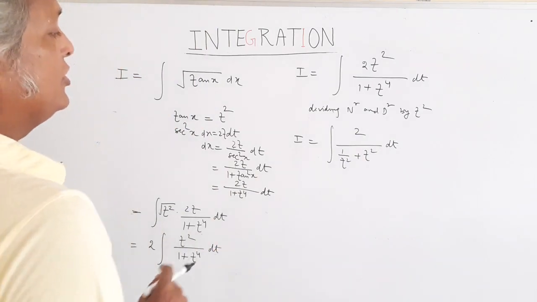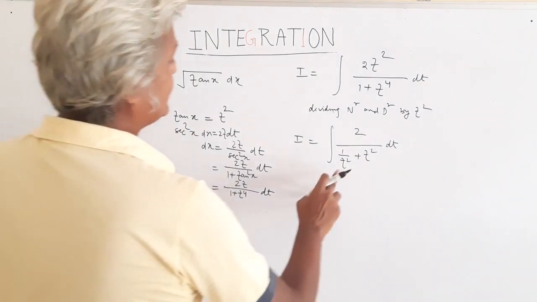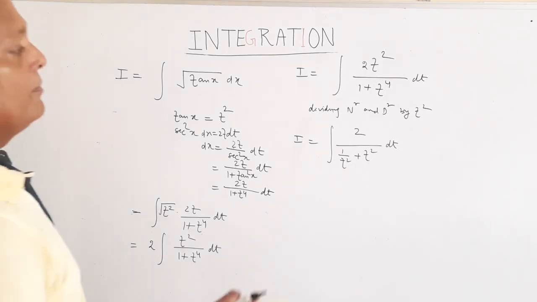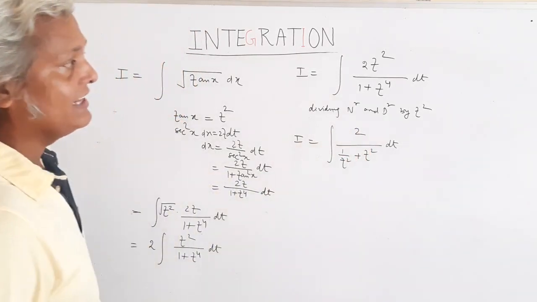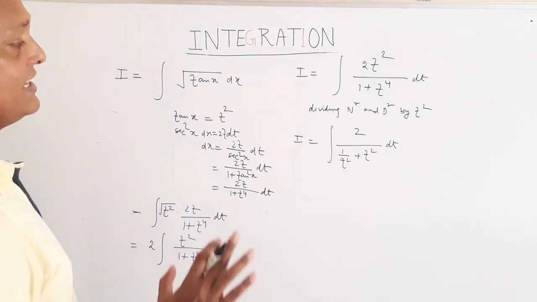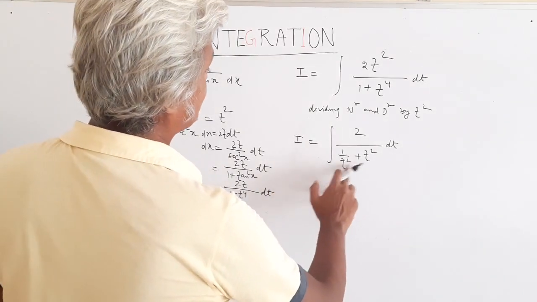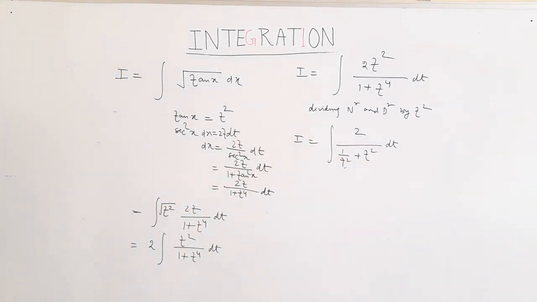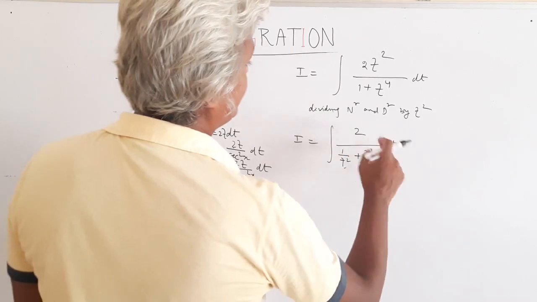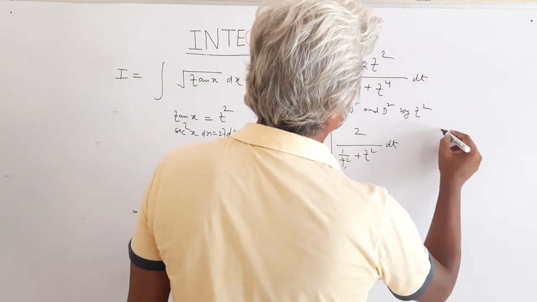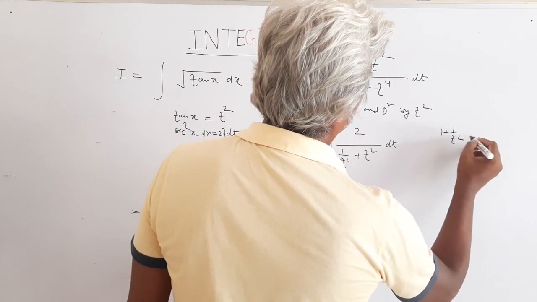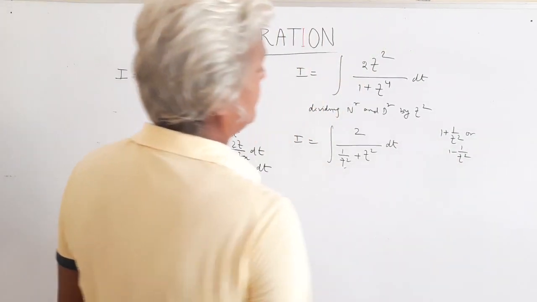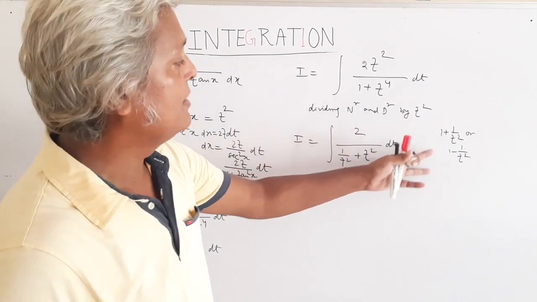Now you saw in the previous case, we can write this as t plus 1 by t whole square plus or minus something. But here in the numerator we do not have any. In the previous case, pay attention, if we write this as t plus 1 by t whole square, we need to have 1 plus 1 over t square or 1 minus 1 over t square here, and we don't have any one of these, but we have just two.